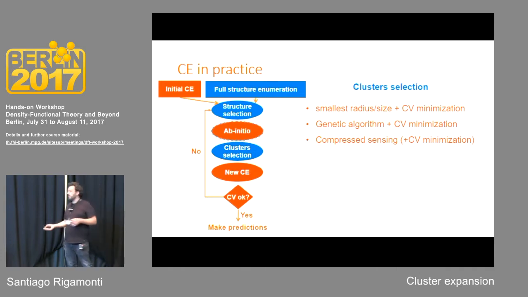So you would favor in your set clusters of 2 points over clusters of 5 points, because clusters of 5 points may represent the smaller interactions. Another way to select clusters is through genetic algorithms. This has been done already. And another way, which I would say is one of the most efficient and nicest ways to do it, is by using compressed sensing.